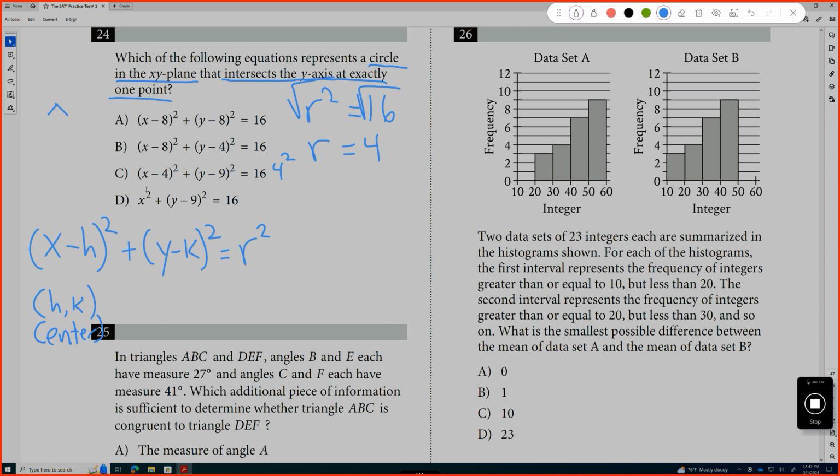A circle touching the y-axis would normally touch it in 2 places, unless only one point is touching the y-axis.